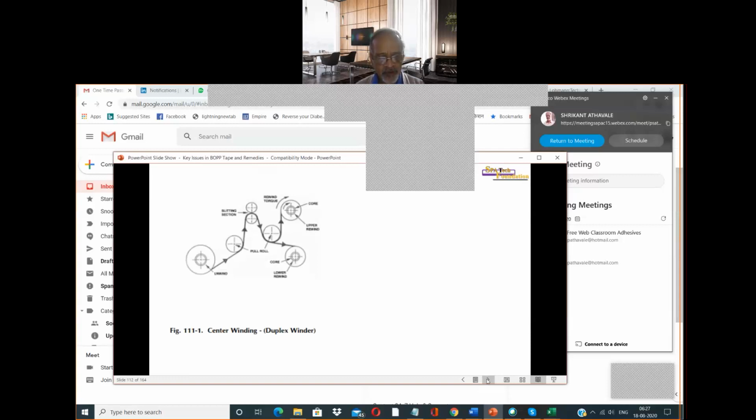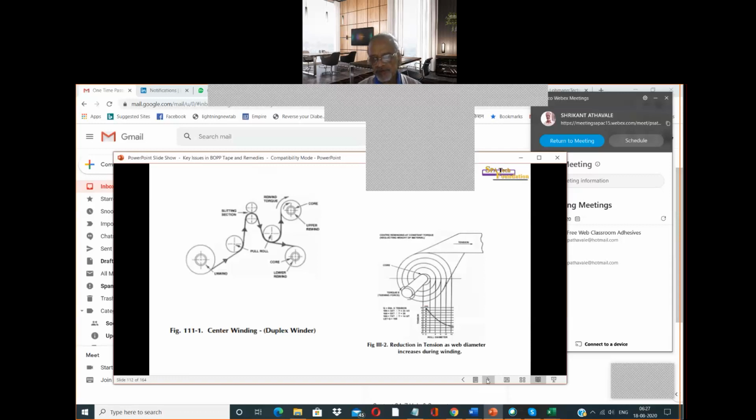Here is a typical example of central winding, a duplex winder, a typical slitting machine that we use for BOPP tapes, and this is a cross section of a slitting machine. This is how the roll gets rewound after cutting.